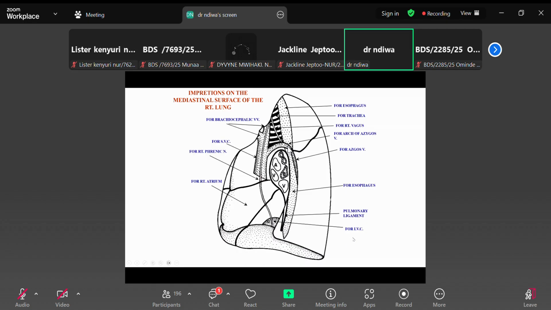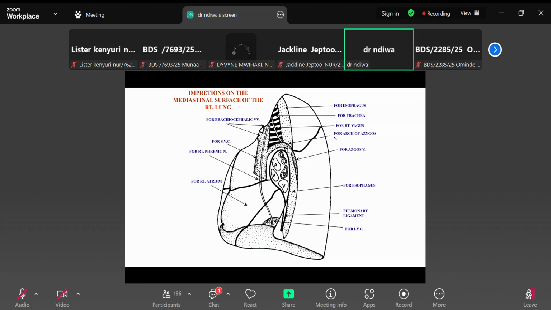Down here, we have a place for the inferior vena cava, and then a place for the esophagus, and then a place for the azygos vein and the arch of the azygos. Up here, you'll have the right vagus, a place for the trachea, and a place for the esophagus. So those are the relations of the mediastinal or the medial aspect of the right and left lung. And those are the impressions.